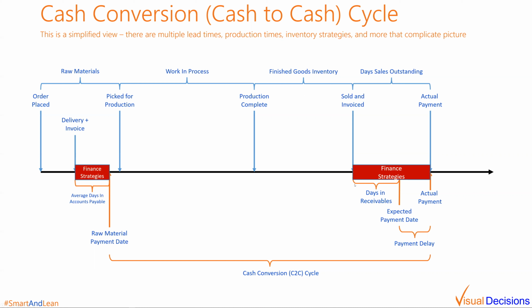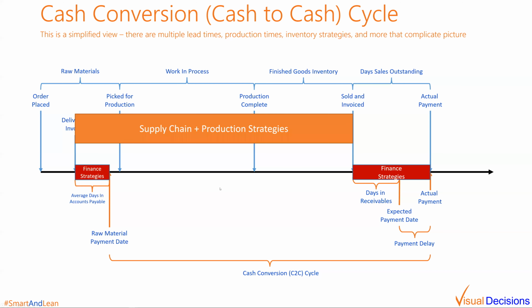And then, how quickly we can get paid by our customers is the other thing that will help reduce this from a financial strategy point of view. So then we can also look at supply chain and production strategies, so that we reduce the amount of time that materials spend in inventory or in production. And that will also help us reduce our cash-to-cash cycle time.